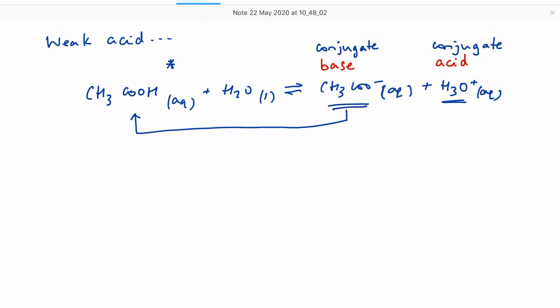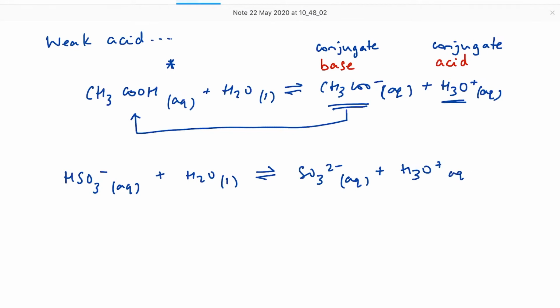Let's have a look at another example. If I take HSO3-, it is happy to react with water to form SO3 2- and our oxonium ion, H3O+.